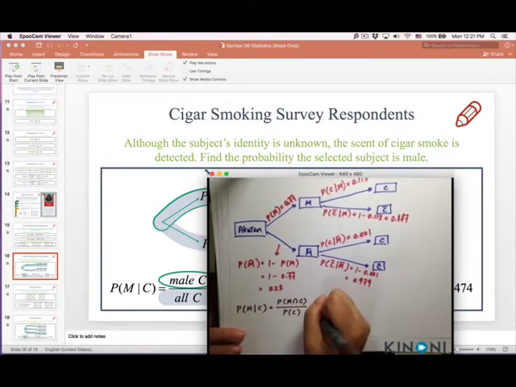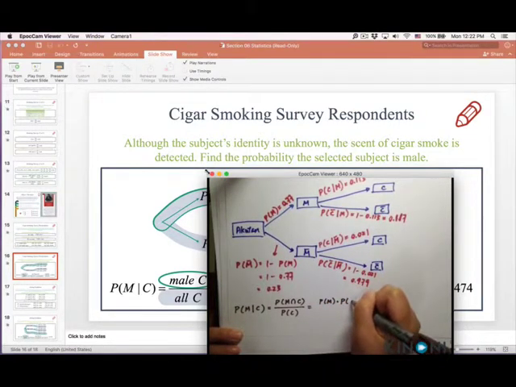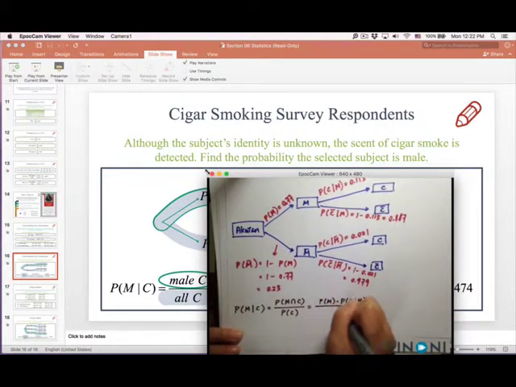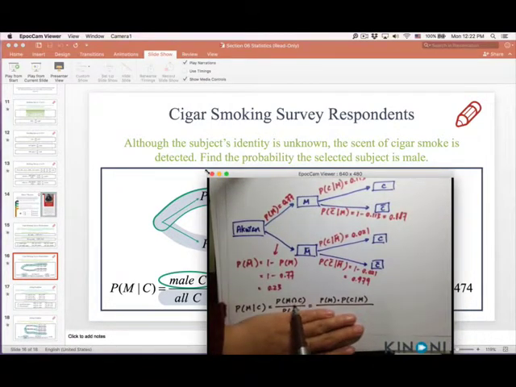And then we're gonna do it one by one. Remember, this is gonna be the multiplication formula. So this will be equal to the probability of male times the conditional probability of smoke given that this is a male. One more time, on the top here, the numerator, this is the multiplication rule.